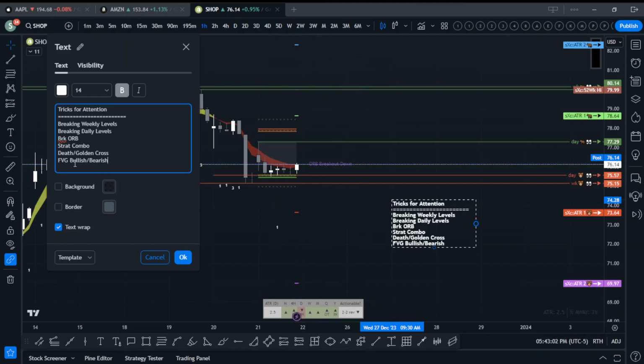So I would prefer it creating a bullish fair value gap, a golden cross. I would prefer a Strat combination that's bullish. I would prefer a break of ORB to the upside, and I would prefer those weekly and daily levels being broken to the upside, because we have a strong trend. The time frames are strongly bullish.